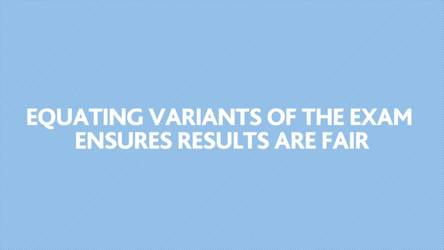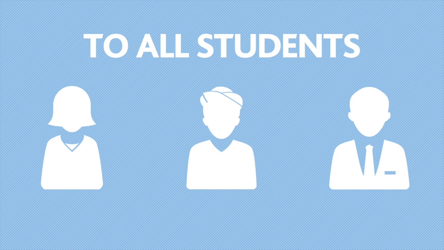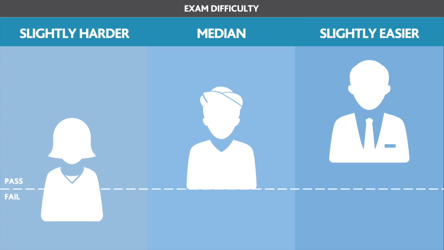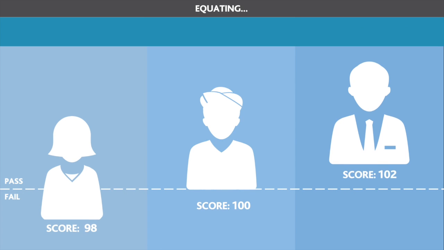For each of these versions of the test, there are slight variations in challenge and content, meaning the raw score produced across all variants cannot be compared, even if they achieved the same raw score, until they go through an industry standard psychometric process called equating. Equating variants of the exam ensures results are fair to all students, and that irrespective of the slight differences in variants, produces a common scaled score to judge student performance consistently.